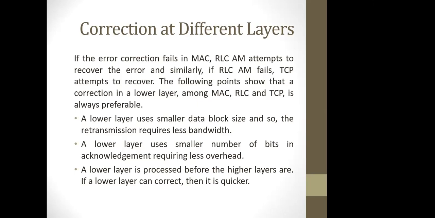But if you solve it at the RLC level, a number of MAC PDUs are combined. Maybe a particular MAC PDU you could not resolve by correcting in the MAC layer. So the upper layer RLC sees that this RLC packet, which has four MAC packets, is not correct.